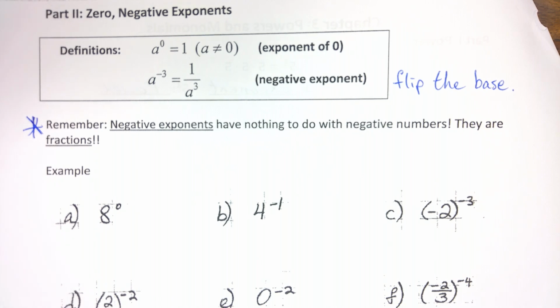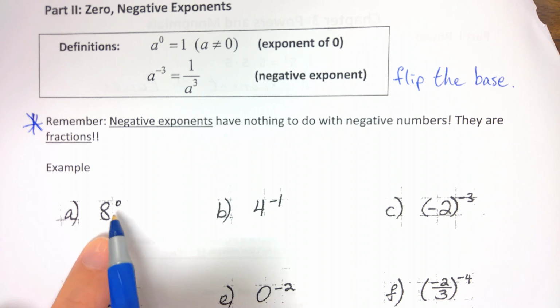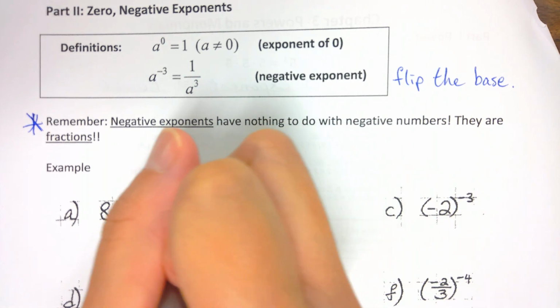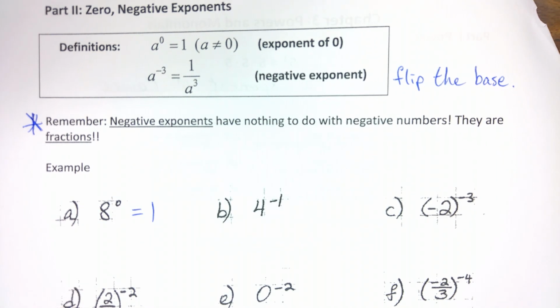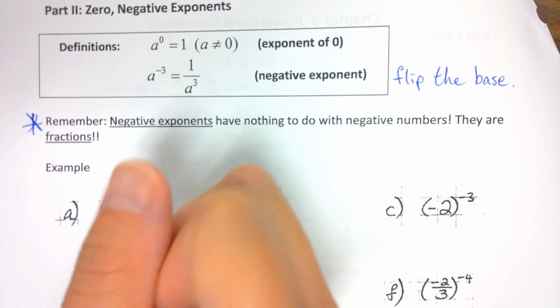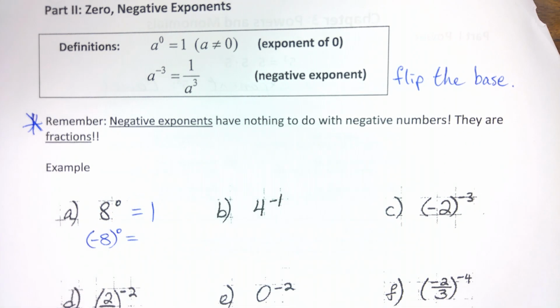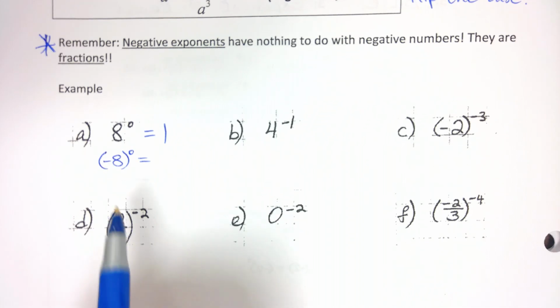Okay, so what's 8 to the power of 0? Jonathan? 1. Okay. What about negative 8 in brackets to the power of 0? Okay, think about this one.